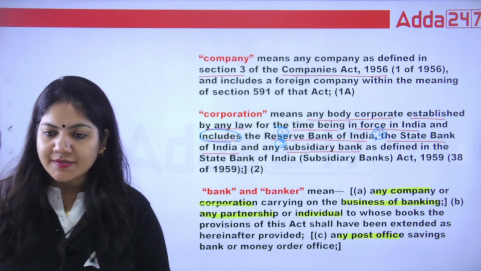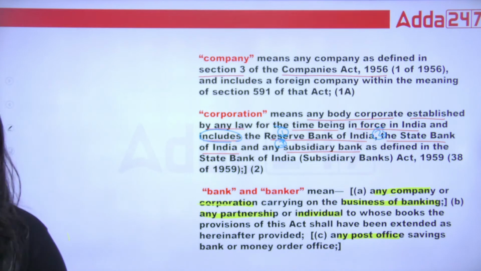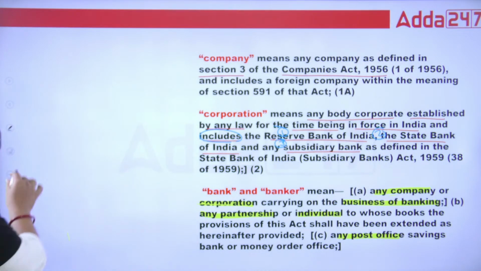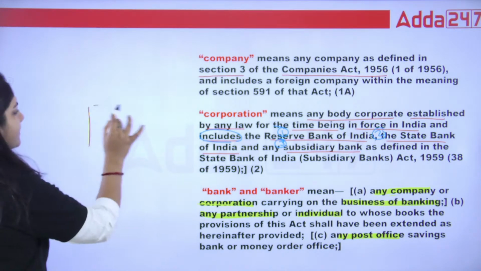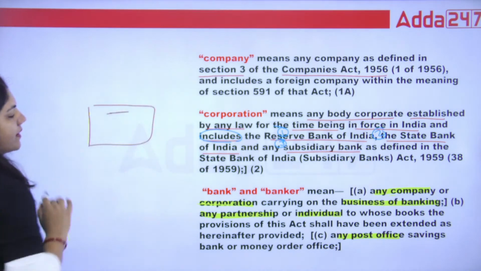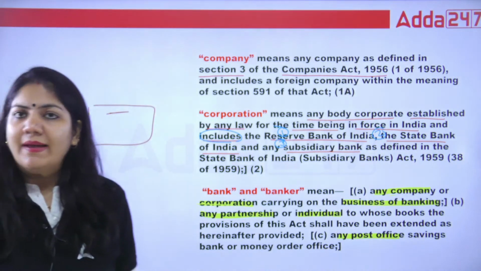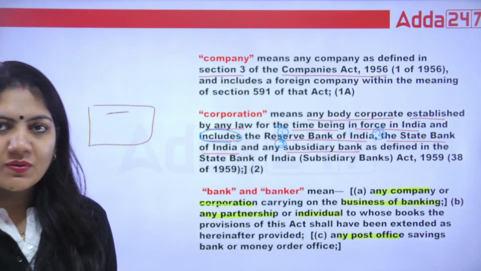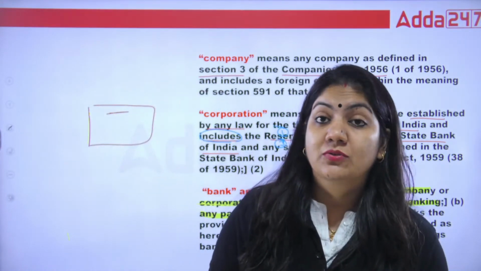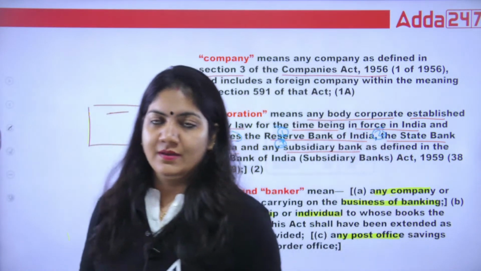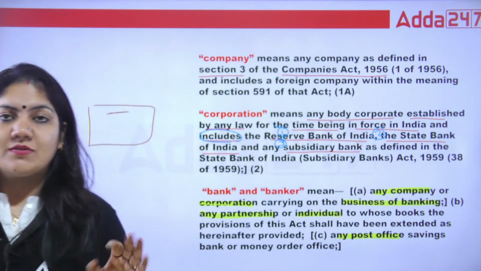That is the basic difference between bank and banker. This is the bank, and the person who works in the bank is called the banker. That is so simple. If I ask you to which bank the Banker's Book Evidence Act is applied, it is every bank, because every bank has to maintain the record.